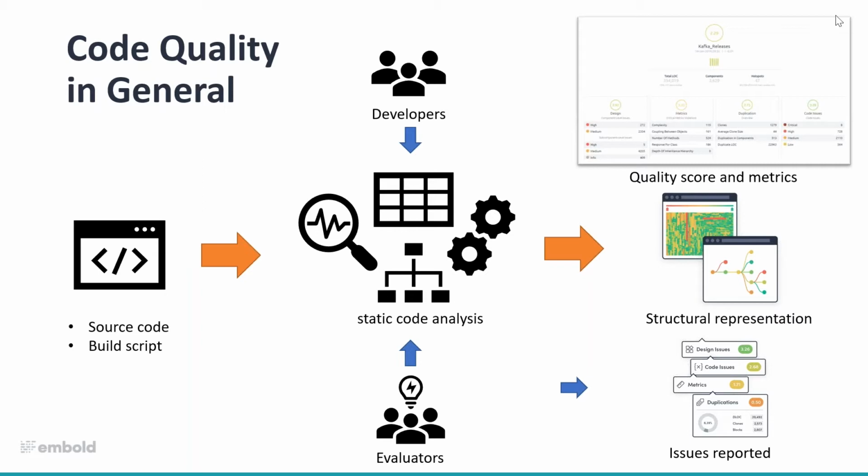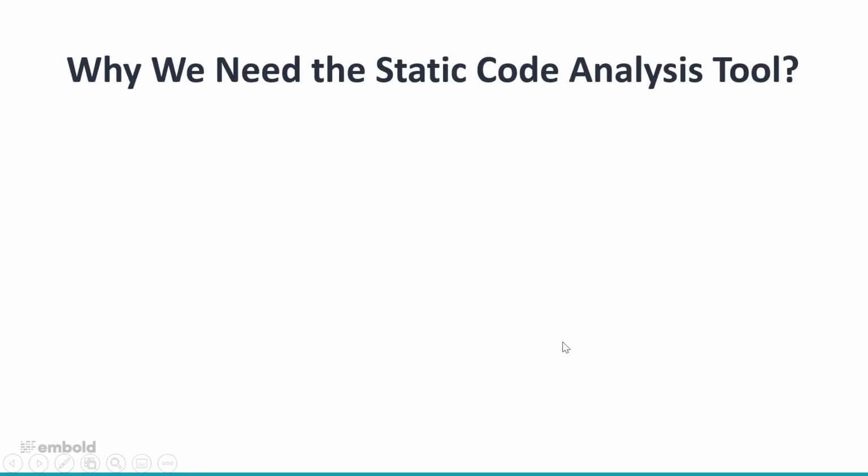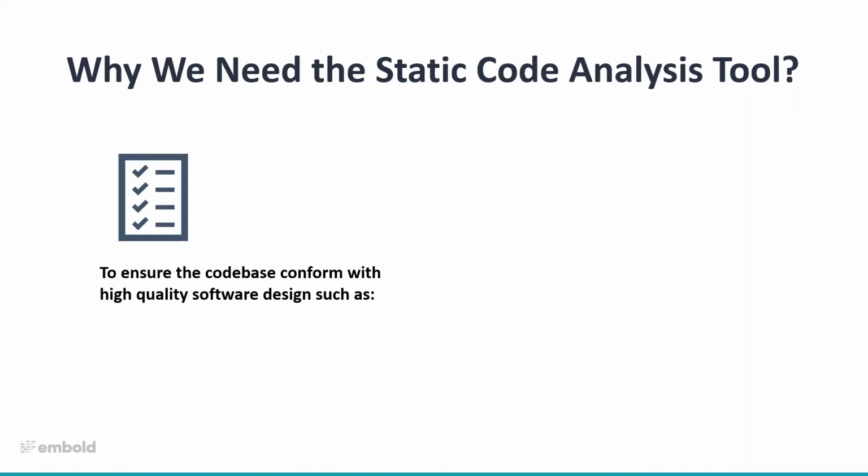Okay, so after we have some idea of where we should use this kind of static code analysis tool, of course we need to know why we need it. The first reason is that we want to ensure the code base conforms to high quality software design.